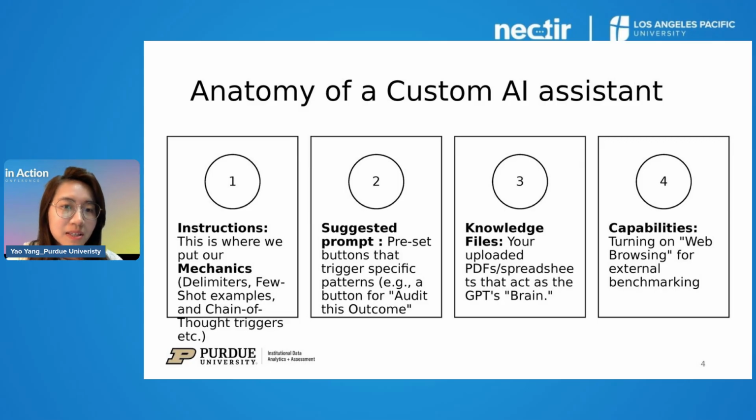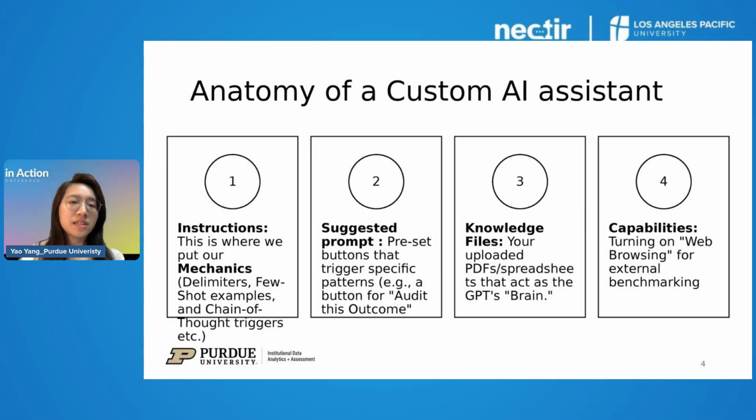And the second part we have to put into Copilot is the suggestive prompts. These are like preset buttons that guide the users to ask questions in a consistent way. That means when you're talking to your assistant, you do not need to type your prompt again and again. So this helps reduce some variability in how we interact with the assistant.